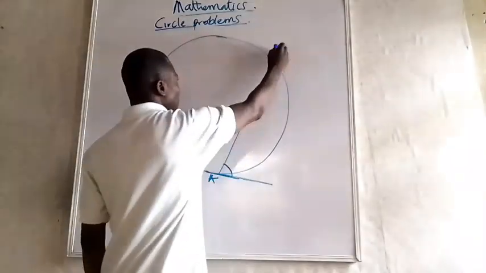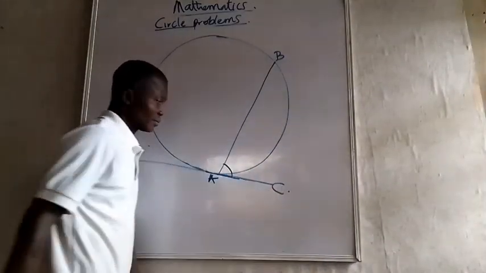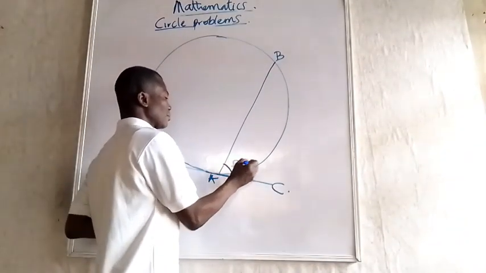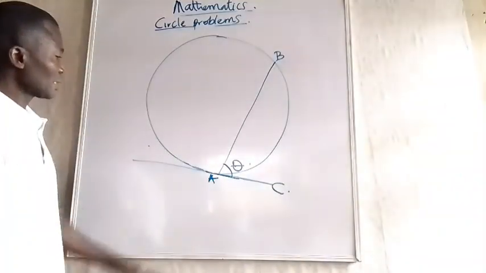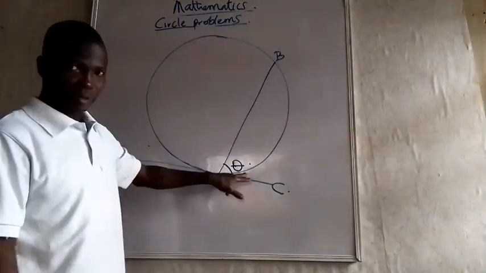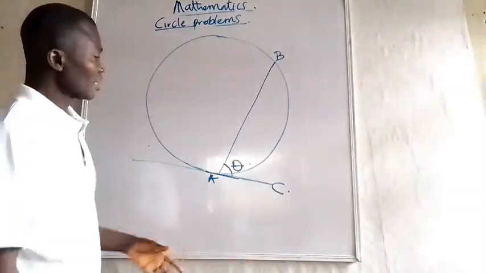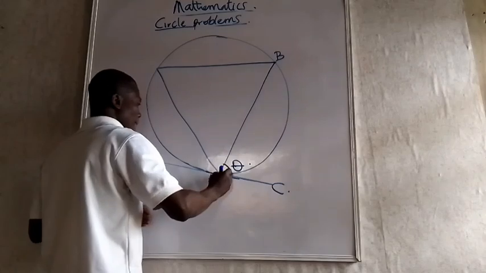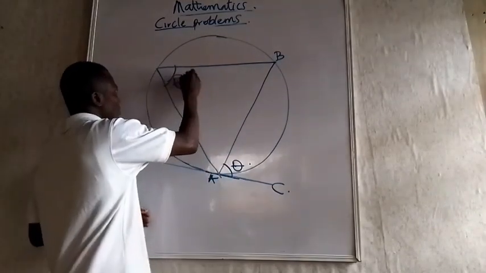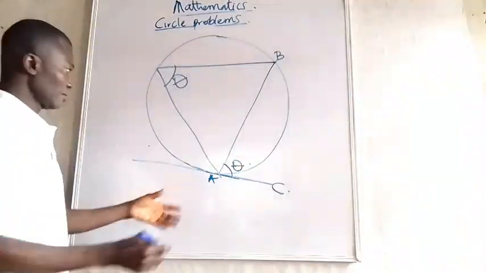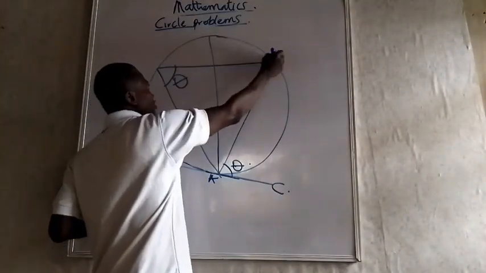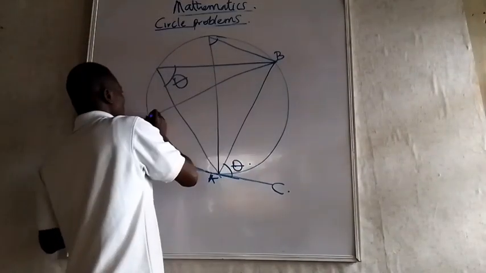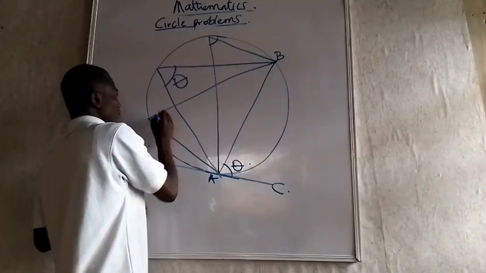Let's call this A, B, C. So, this angle here can be called, let's say, theta. This part is alternate segment to this angle here. You can see it is on the other side. It has also been proven that this here is equal to this. So you can see this one and this one are equal. And it is like this. You know, same segments. Same segments. So you see.